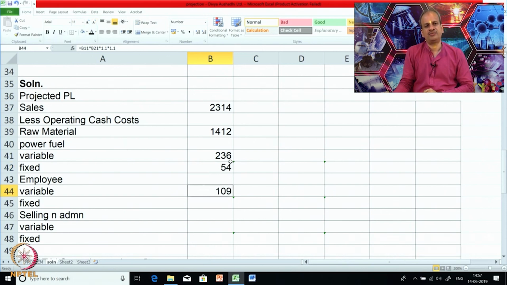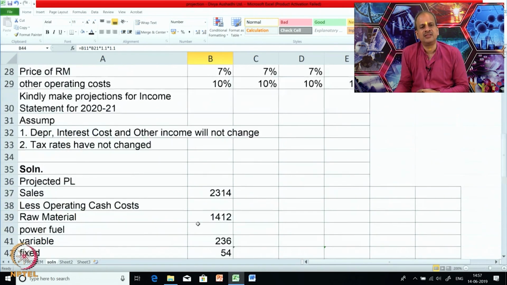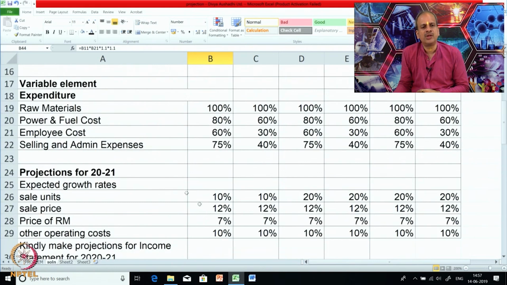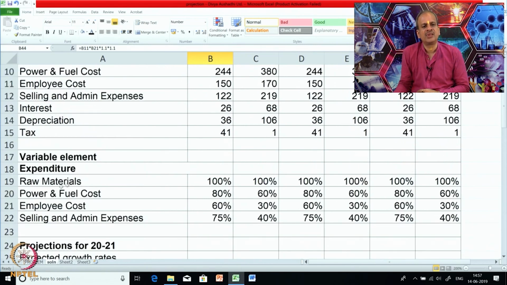variable portion. Now variable portion we have taken B11 into B21 into 1.1 into 1.1. We will just go up. B11 is referring to last year's cost, which is 150, into the variable portion, which is B21, 60%.